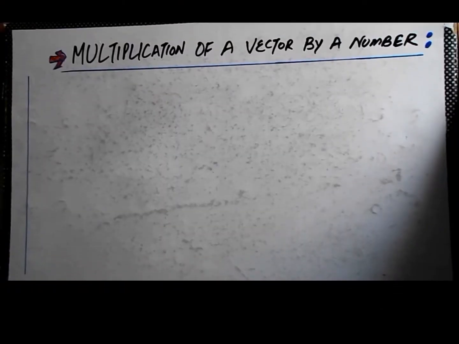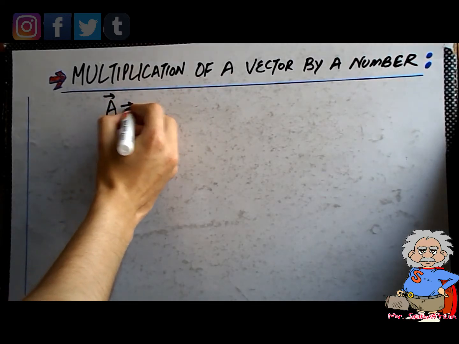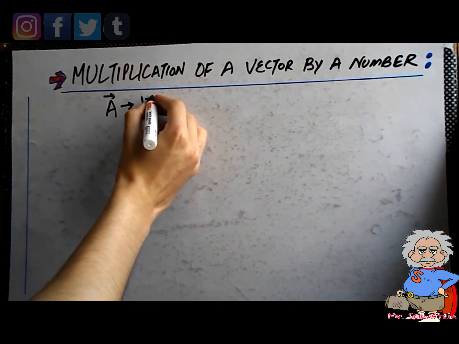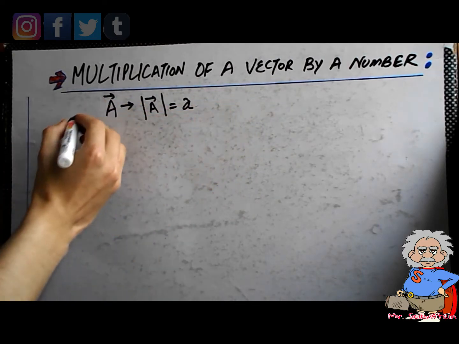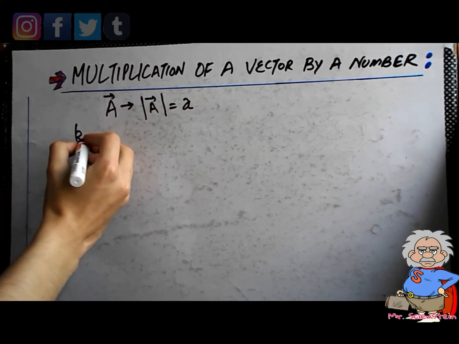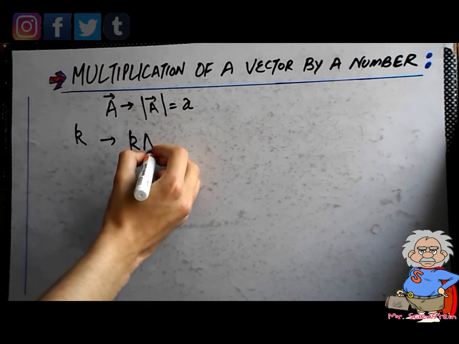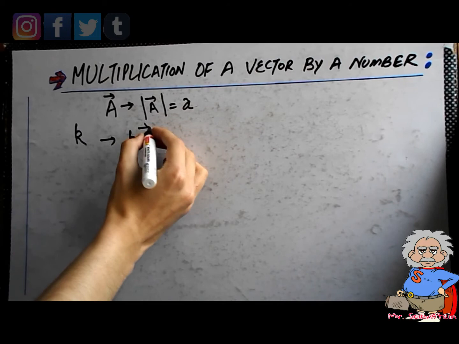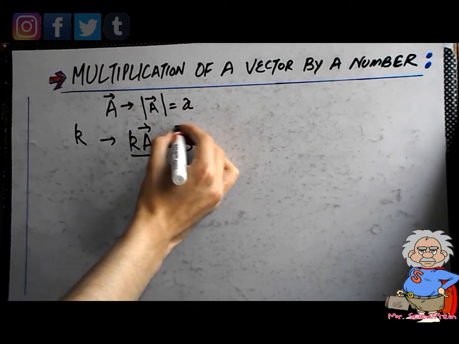Let us suppose we have a vector A. The magnitude of this vector, let us suppose, is equal to small a, right? Now we'll take a number, suppose k, by which we'll multiply this a vector. So we'll get k into a vector. Let us suppose this is equal to one more vector b, right?